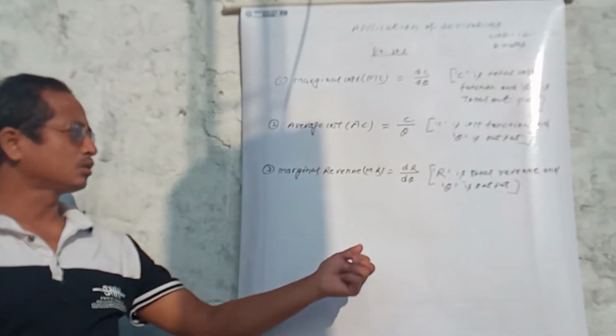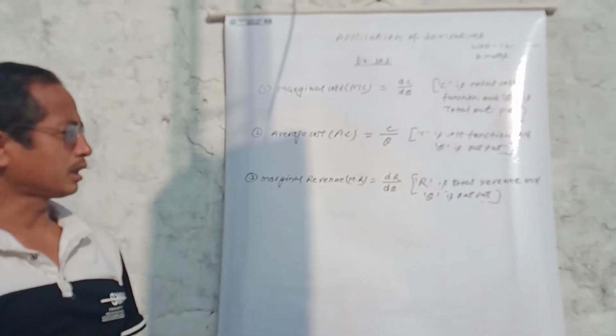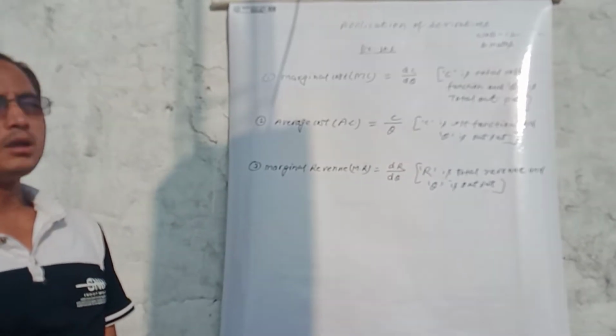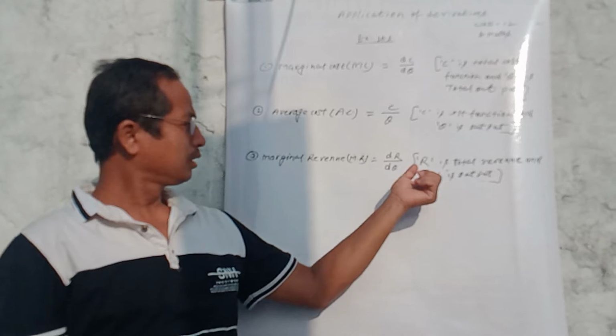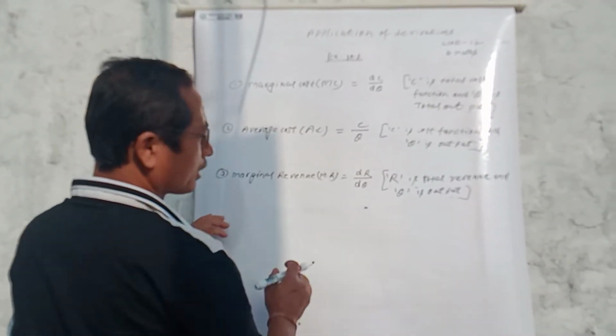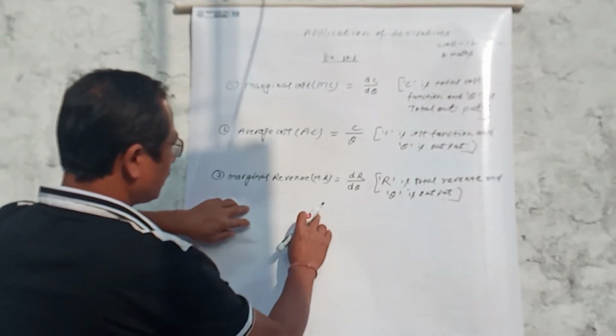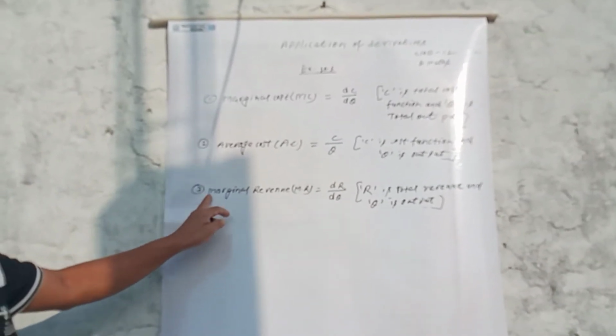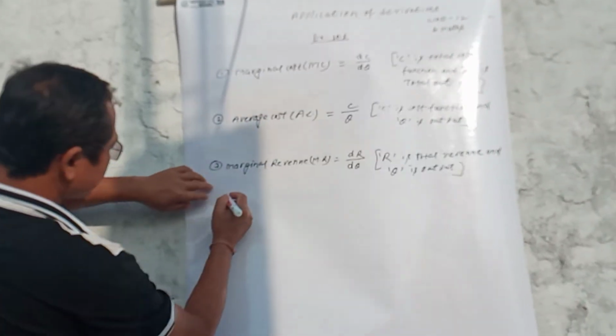Total revenue is the total selling price of a certain number of items. So the derivative of R with respect to Q is the marginal revenue.